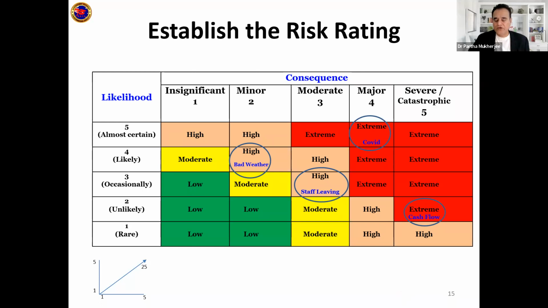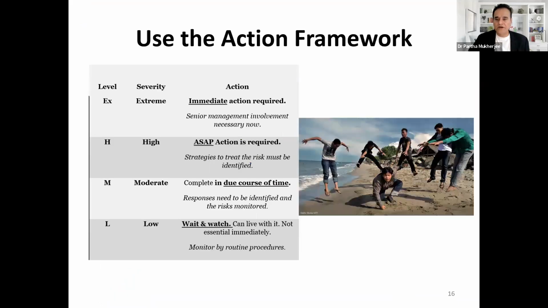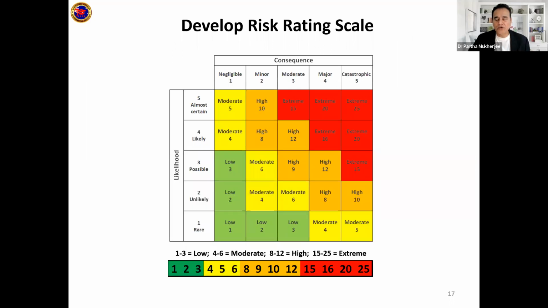Okay, so now that we have learned the action framework, before I go to the next one, I will also tell you something other textbooks don't teach you. These developments are universal, but still in projects, the project manager can create your own risk rating scale or risk rating template.